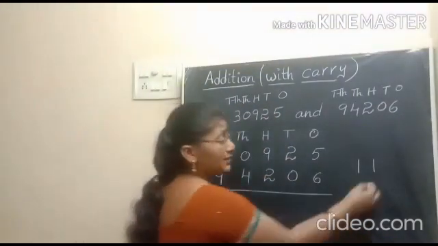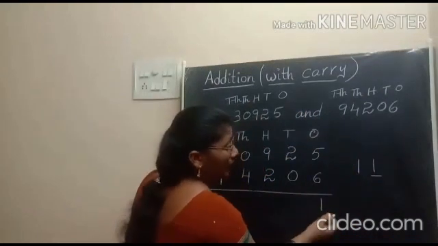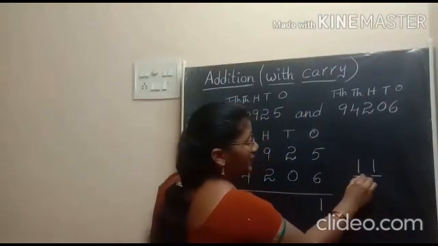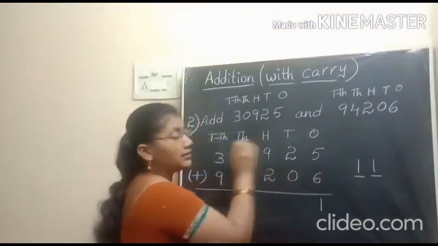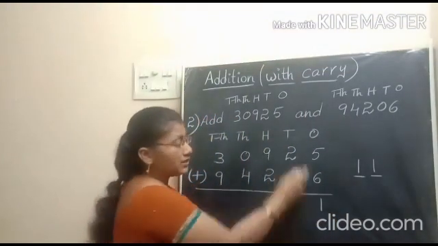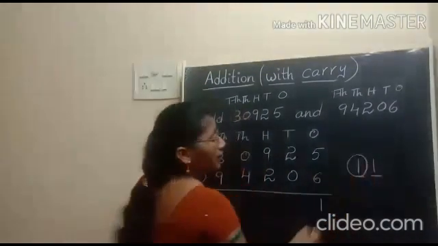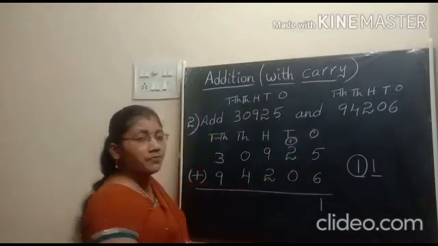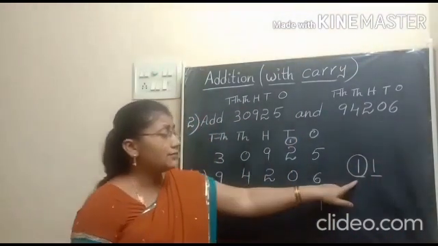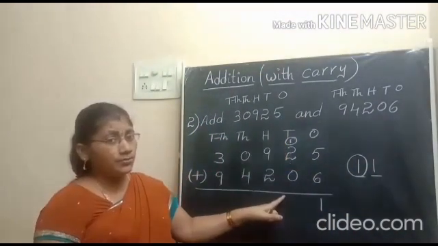We should write the right side digit in the ones column and the left side digit we should pass as carry for the next place. The next place is tens. So we should write this one as a carry here. Understood, children? We should write 1, left side 1 as a carry in the tens column.